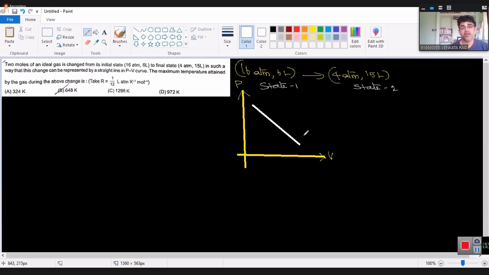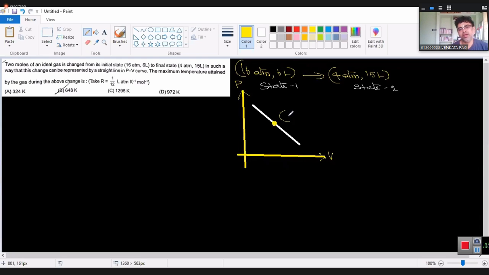You are getting a straight line in PV graph. It implies it is a combination of many isotherms. And during this process, somewhere you are getting maximum temperature. Let us suppose this is the point where we are getting maximum temperature.